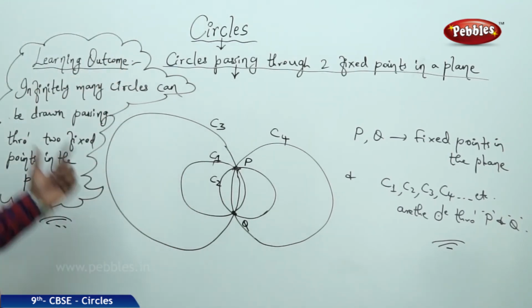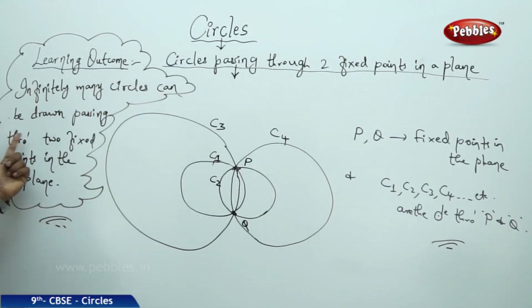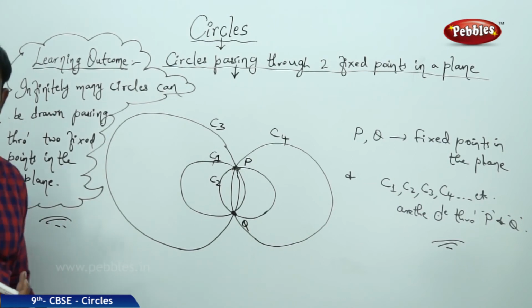Infinitely many circles can be drawn passing through two fixed points in the plane.